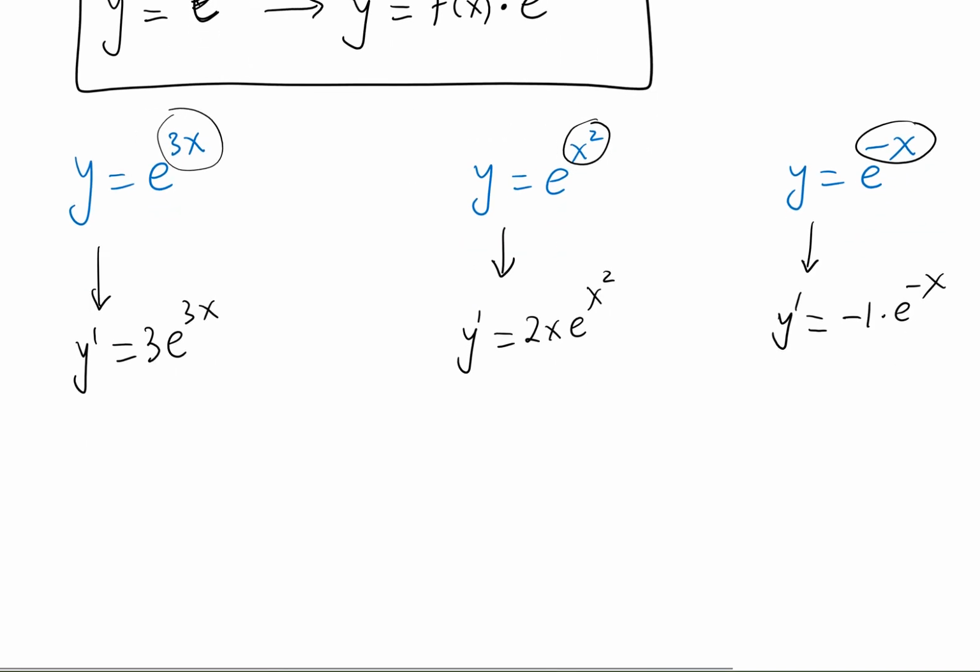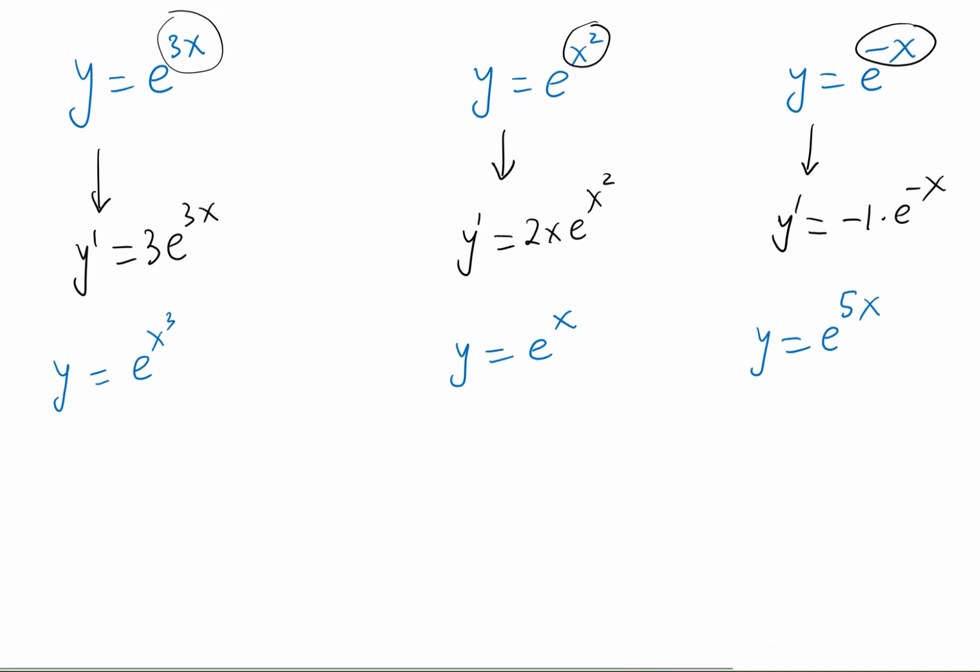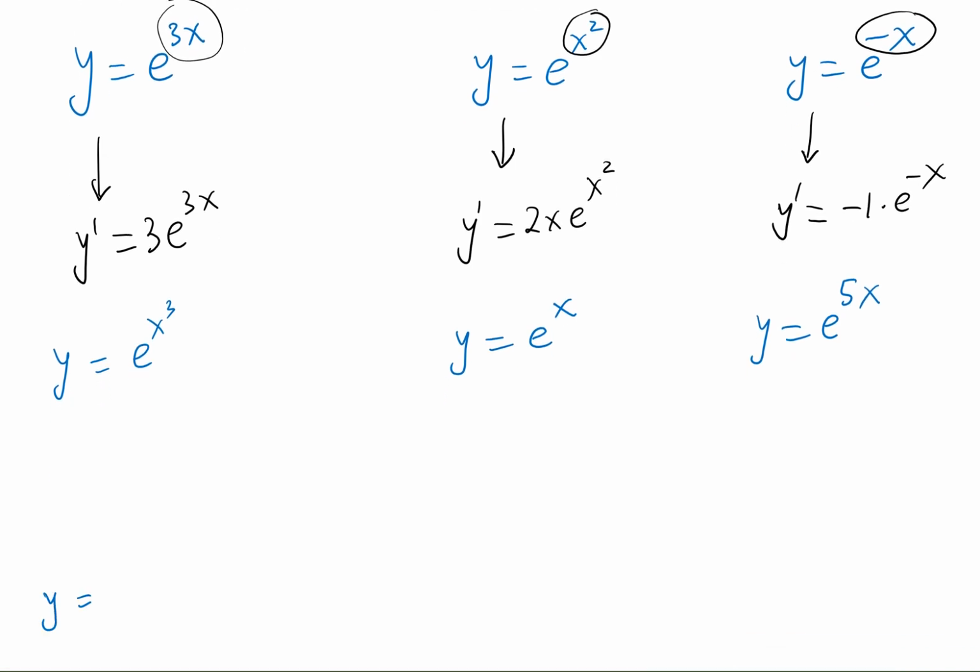To practice more, I'm going to write more of them. E to the x cubed, e to the x, e to the 5x, x squared e to the x, 3/2 e to the 4x, e to the x over x cubed.